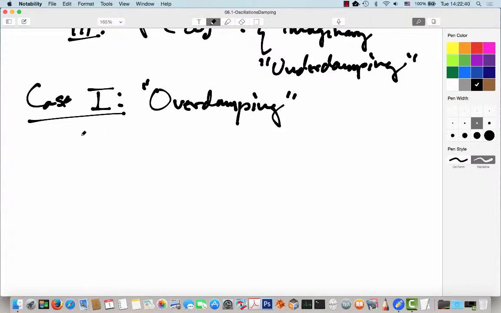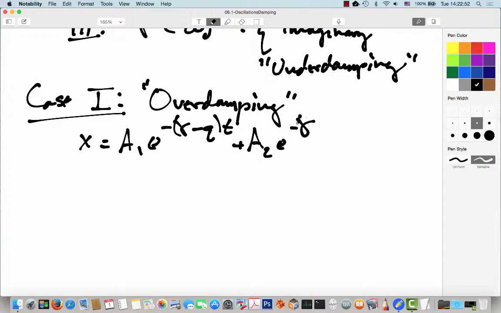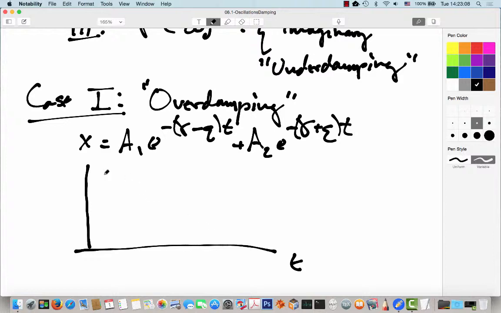All right, so our solution is of the form a1 e to the minus gamma minus q t plus a2 e to the minus gamma plus q t. All right, so we've got a combination of 2 decaying exponentials that are going to add together. So if I plot it as a function of time, I'm going to get something looking sort of like that.